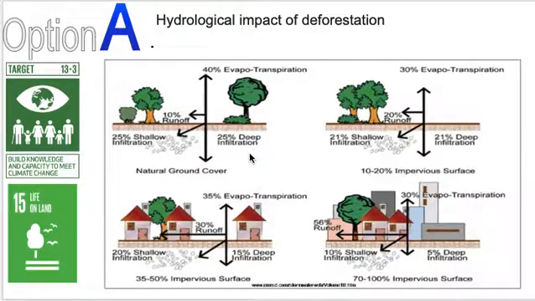Also, deforestation reduces the amount of infiltration. Perhaps most importantly, as you can see in this diagram, the amount of deep infiltration is decreased, whereas the amount of shallow infiltration is also decreased. This means there will be more water more rapidly flowing into the river network.